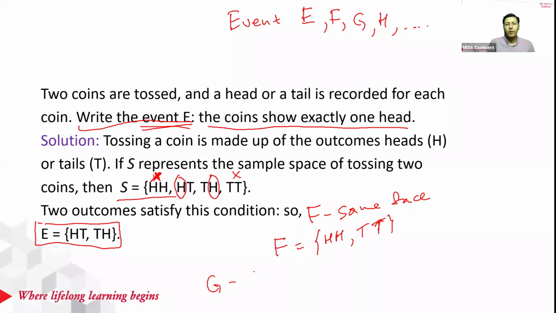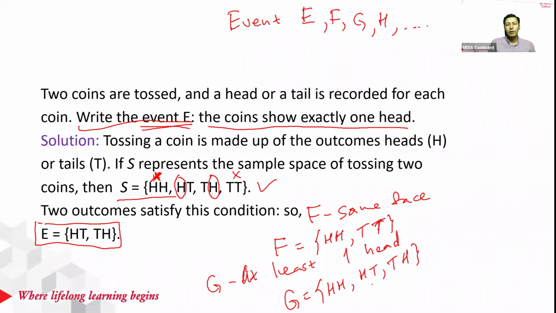Next event G: at least 1 head. What's the probability of getting at least 1 head? Then we have event there. Which one has at least 1 head? Head head, head tail, tail head. These 3 have at least 1 head. That is event.